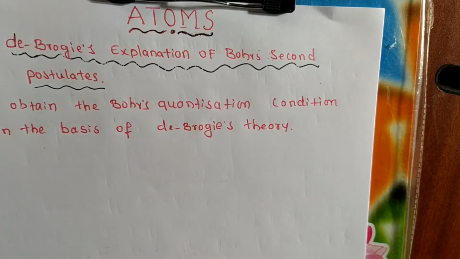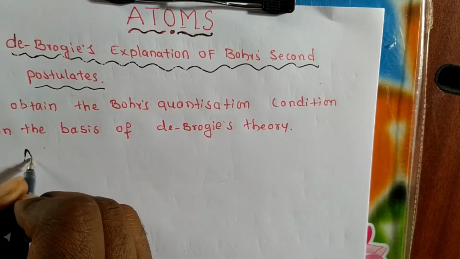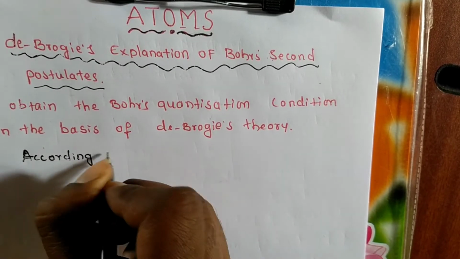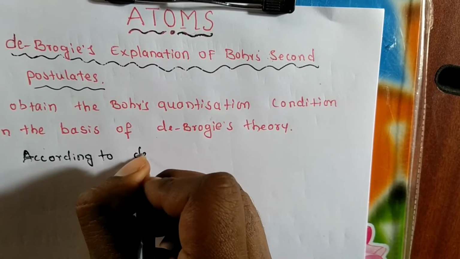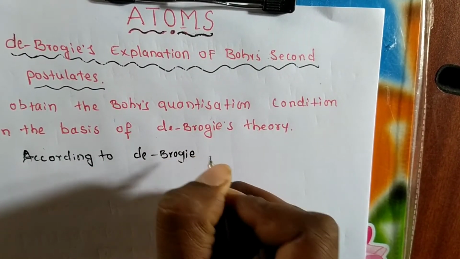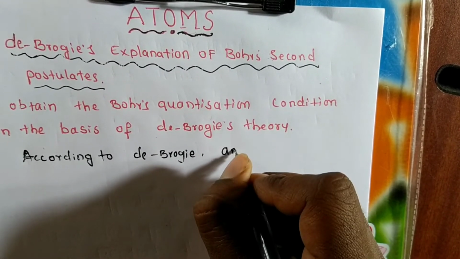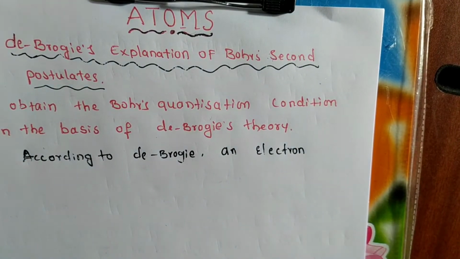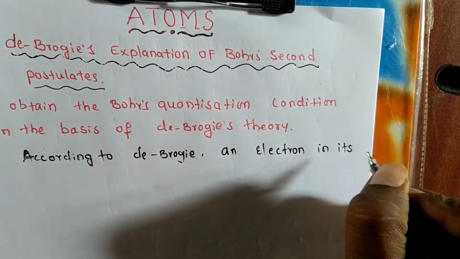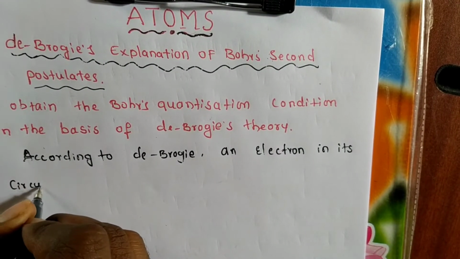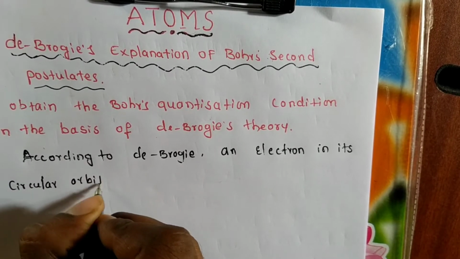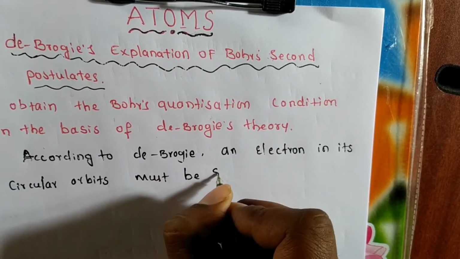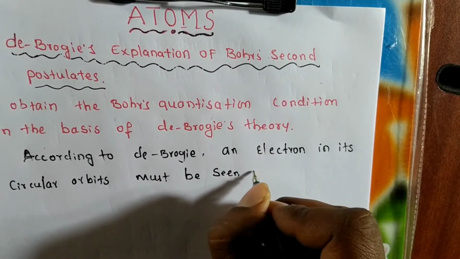Okay, according to de Broglie, an electron in its circular orbit must be seen as a particle wave.